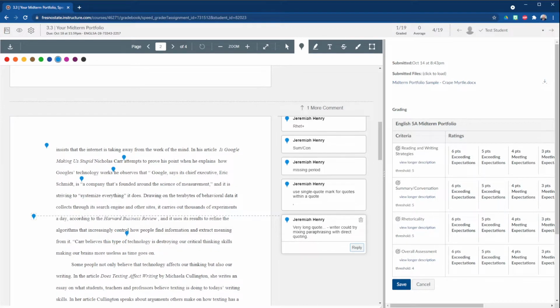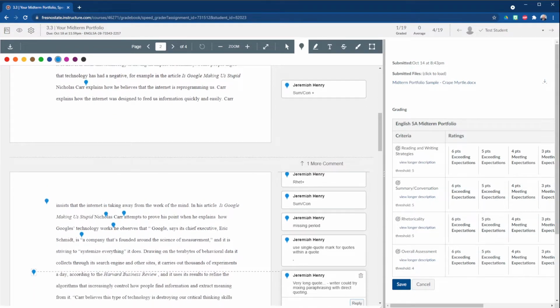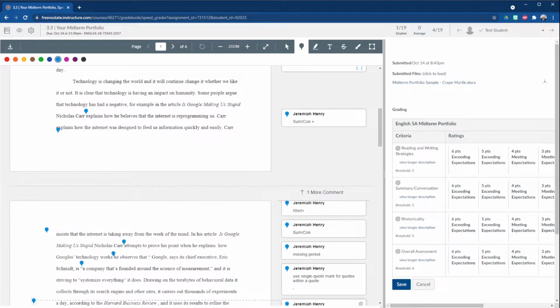My only other issue is I think that overall the summary mischaracterizes Nicholas Carr's stance on the issue a little bit. I think Carr is not directly having a negative stance toward Google and the internet.